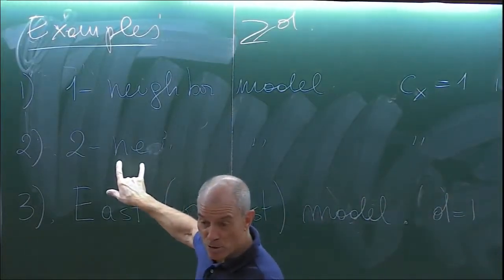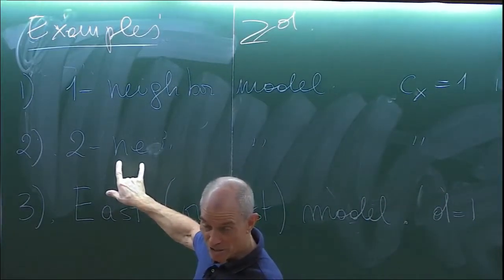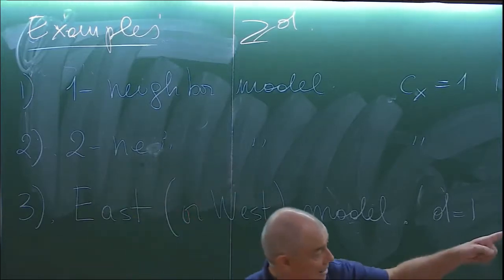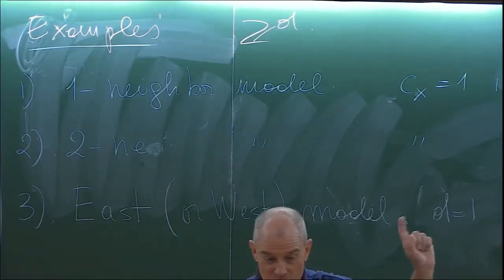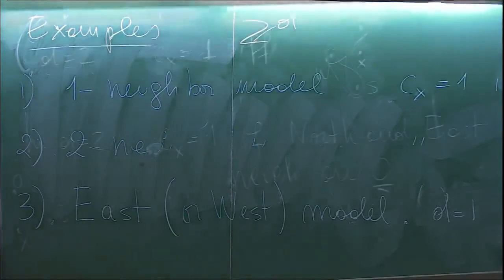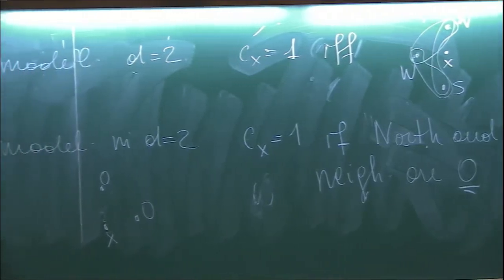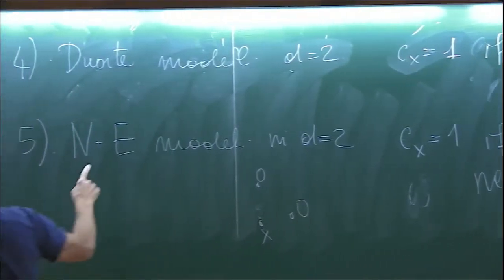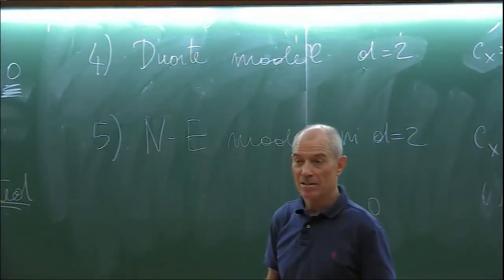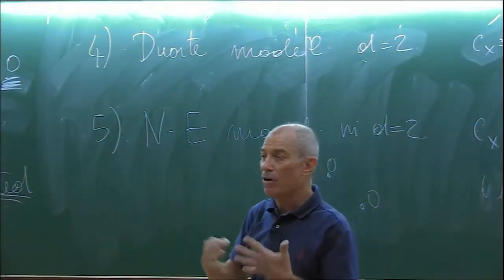The two neighbor model in 2 dimensions is less constrained than the Duarte model, because in the Duarte model you don't check the west neighbor. And the northeast model is more constrained than the two neighbor model, because you require exactly the north and east. So there is some ordering.